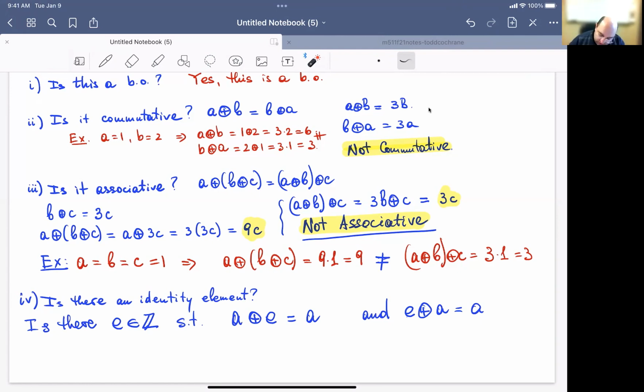Okay, so let's talk about what's called closed sets, which are closed under binary operations. So we talked about this in class.